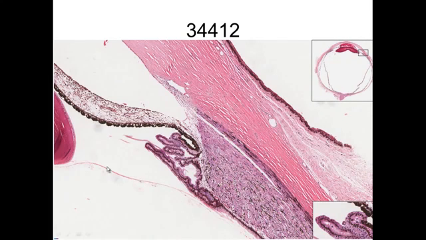But here we can see nice zonules. These zonules reach all the way back to the ora serrata, and whenever the muscle contracts, that releases the pressure on the zonules, and the lens becomes more spherical for close vision.